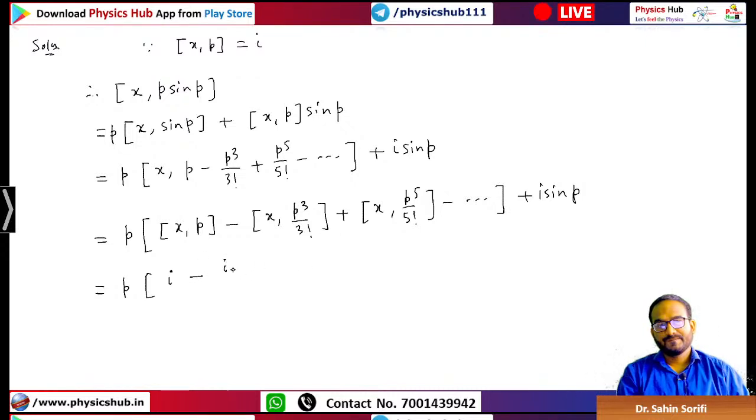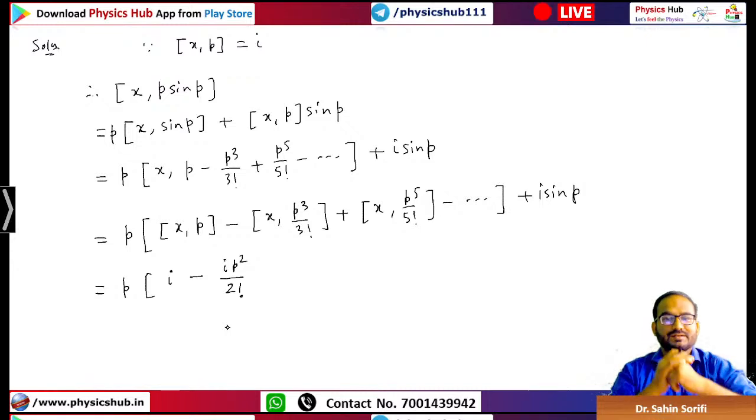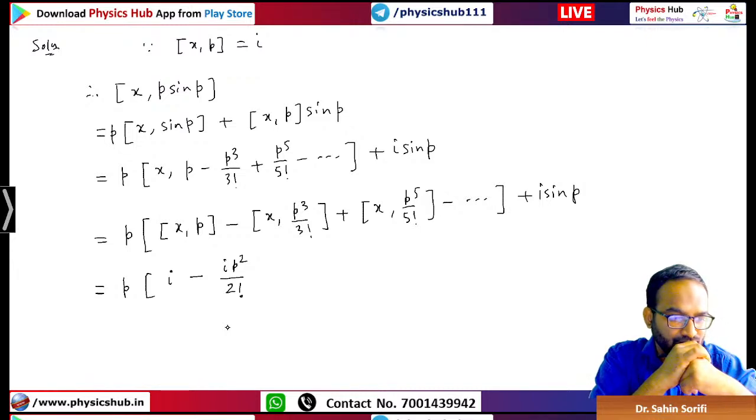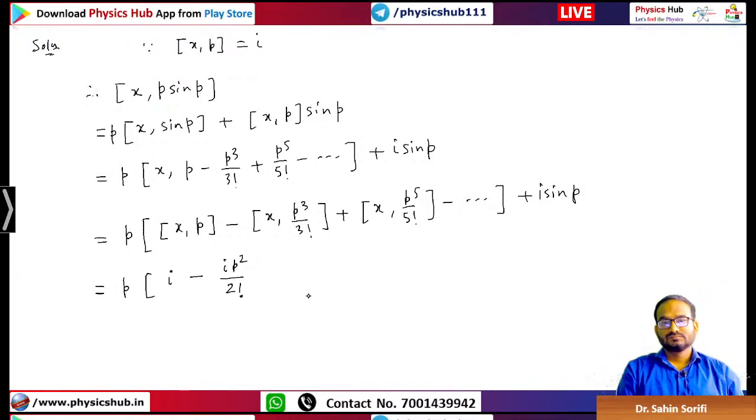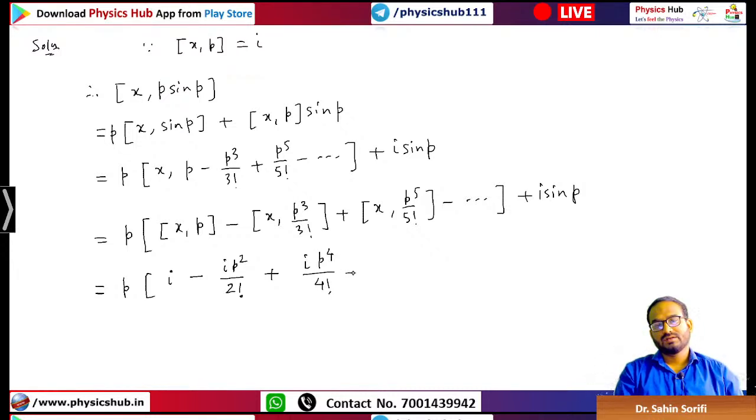So iħ p squared by 2 factorial, can I write it? Plus iħ p to the power 4 by 4 factorial and so on, plus iħ sin p.